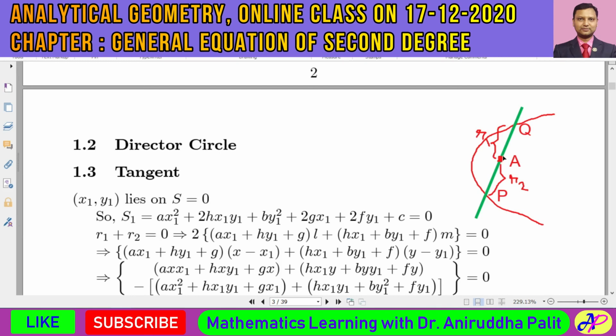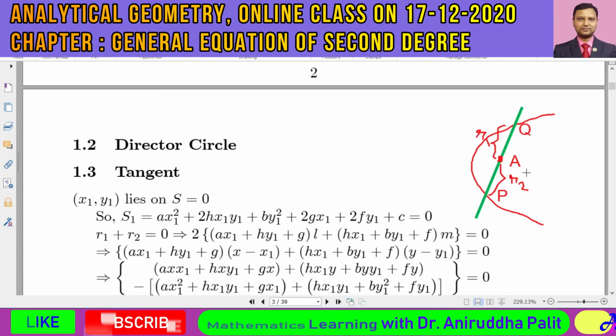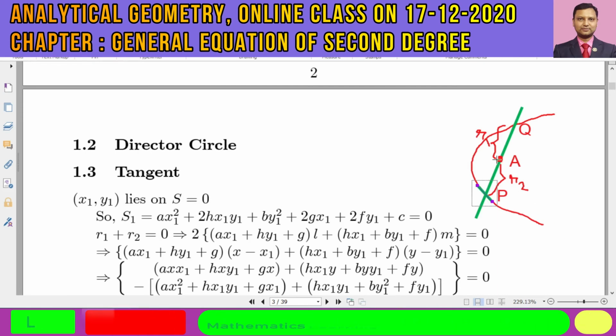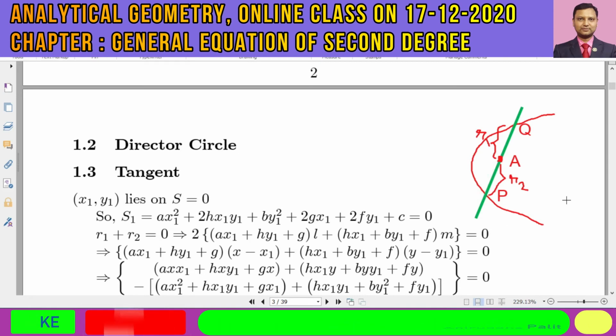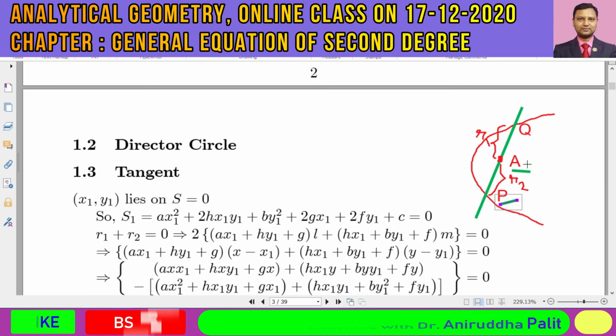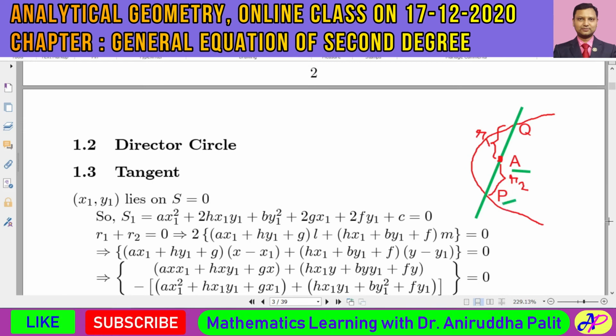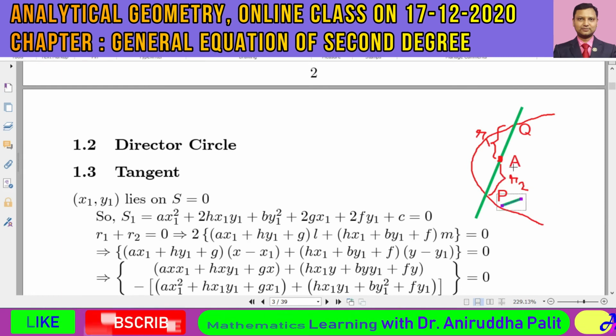X1 y1 is actually the coordinates of this point capital A. And I told you that as the point Q converges to the point P, this intermediate point A should also come to coincide with this point P. So the coordinates of A must be equal to the coordinates of P, as the point A becomes coincident with this point P.